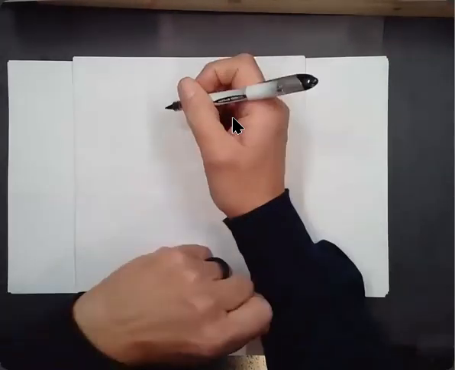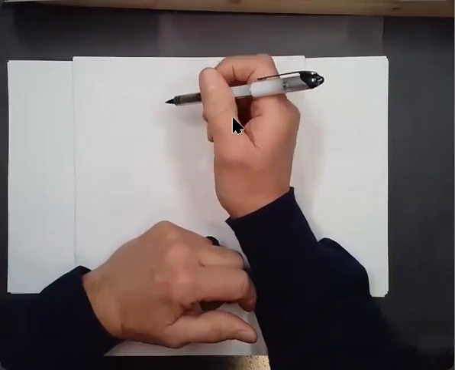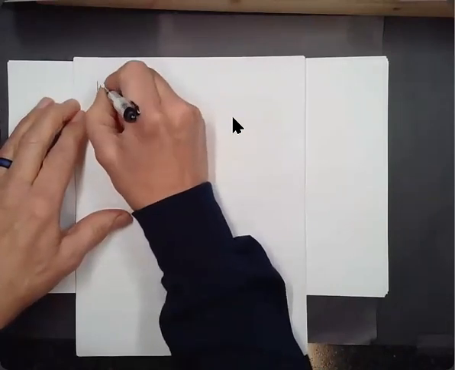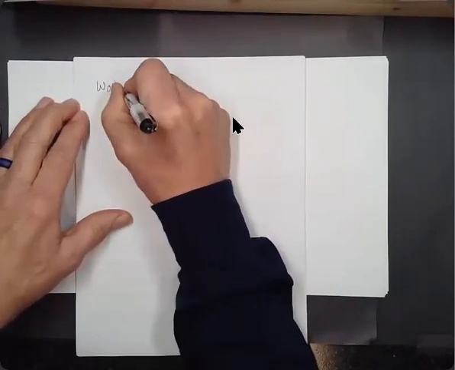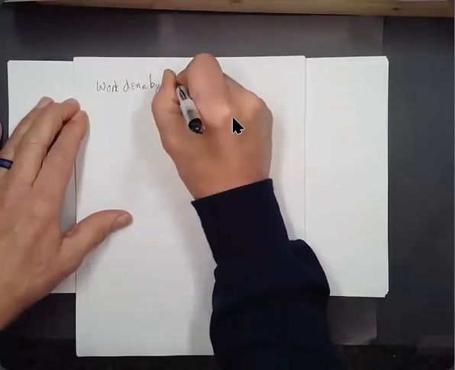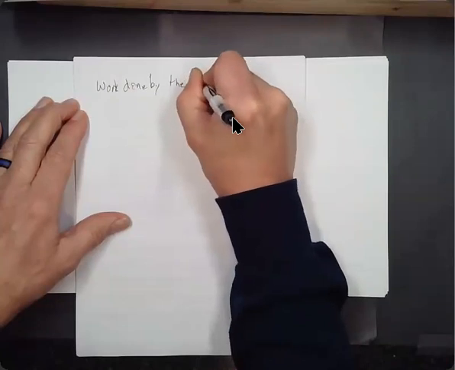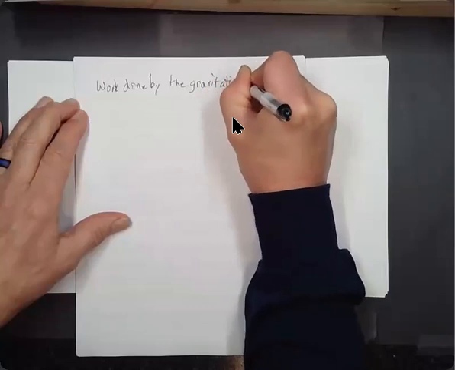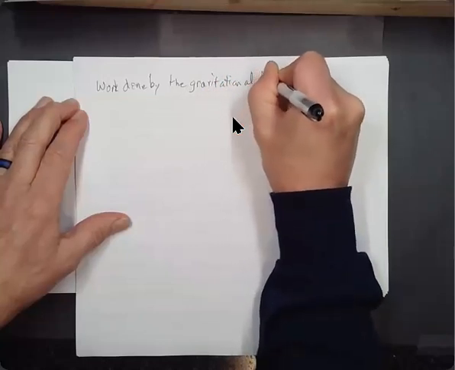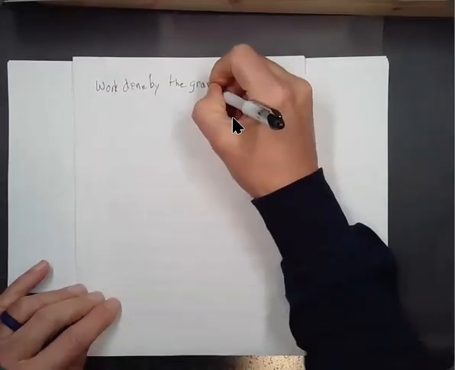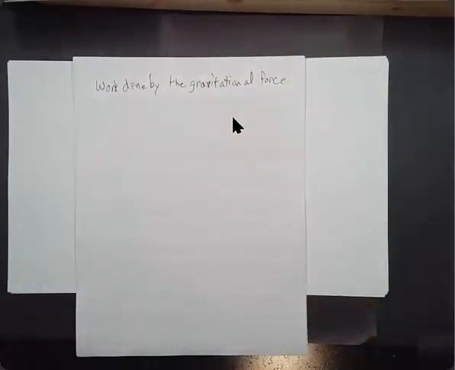And what I'm going to do for introducing that is think of the idea of work done by the gravitational force. Okay, that's supposed to be a V there. Anyway, and that's what it is.